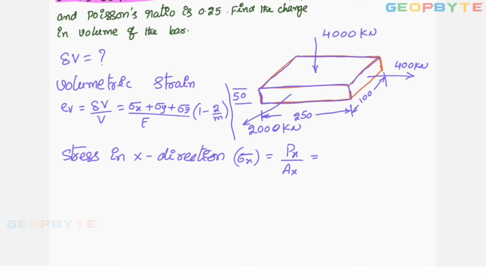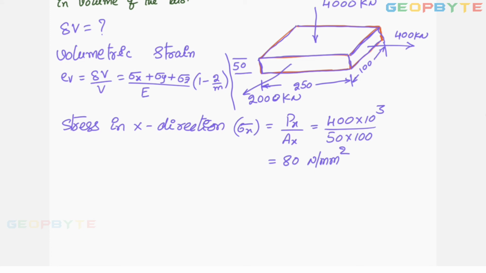The load in x direction is 400 into 10 raised to 3. The area for that is 50 into 100. That is equal to 80 Newton per mm square.